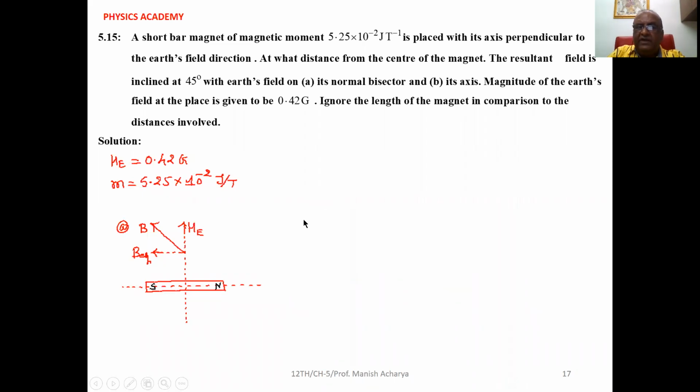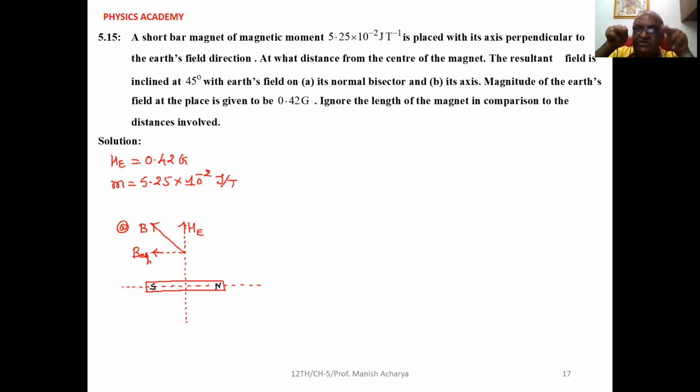Now, here the resultant field is inclined at 45° with Earth's field on its normal bisector. So this is the normal bisector of the bar magnet. Suppose at this particular point, the resultant magnetic field B is the resultant of two fields, one field of the bar magnet and the second field of Earth.